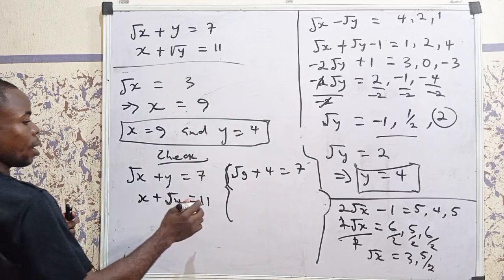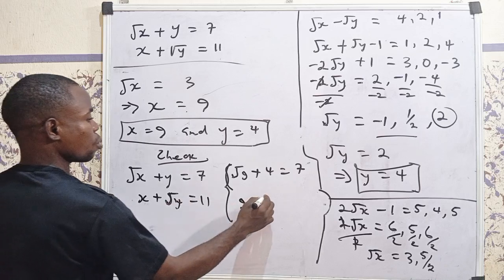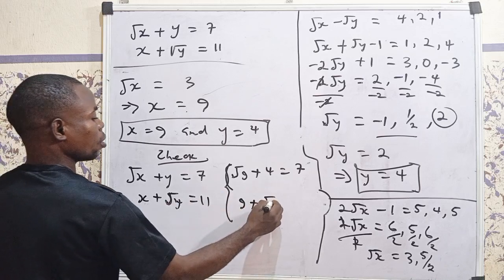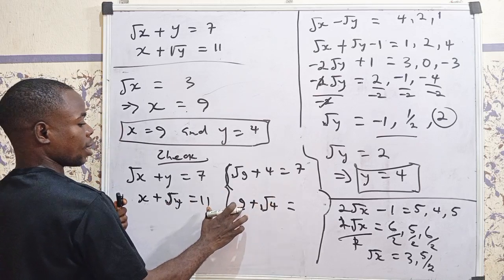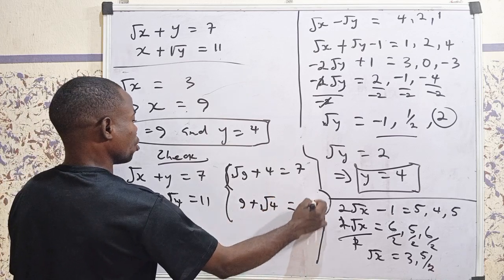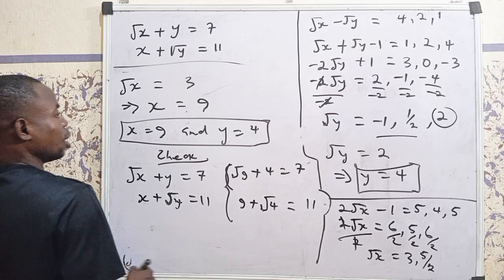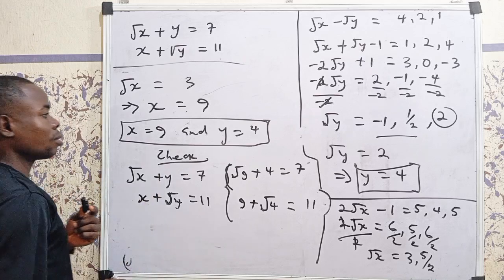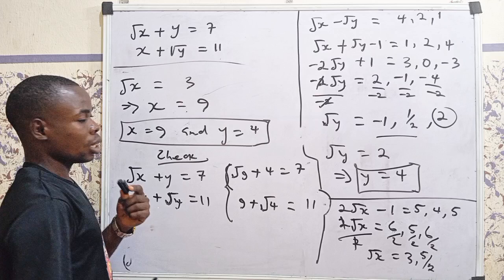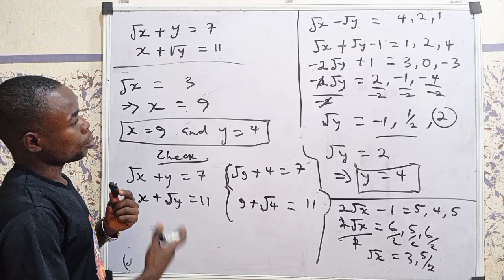And then our x is 9, so I have 9 plus root 4. Okay, so I have 9 plus 2, root 4 is actually 2, and obviously this is equal to 11. So that shows that the values for x and y which we've got as a solution satisfy the problem we are solving.